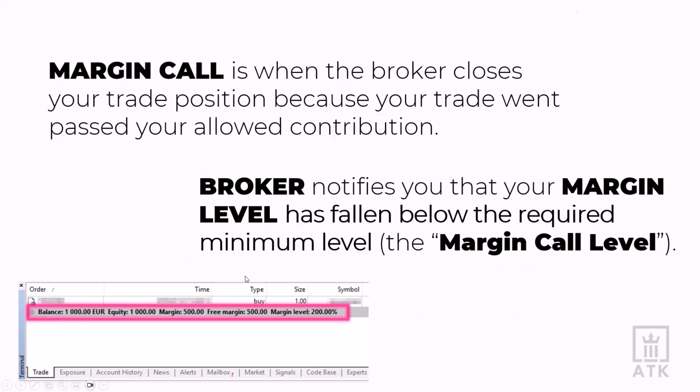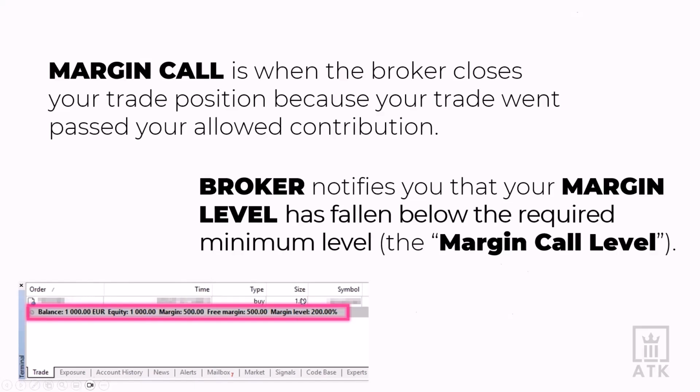And then when you place trades, you'll see how much equity you have. That's how much profit you're going to have in that trade. And then you'll see what your margin level is.